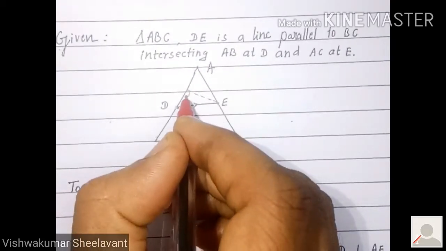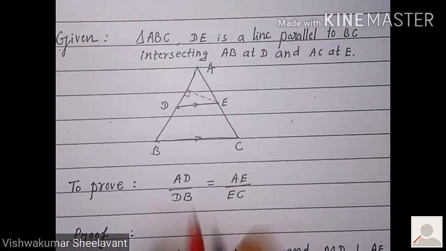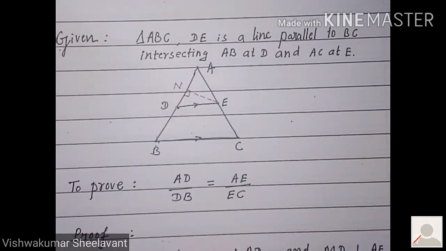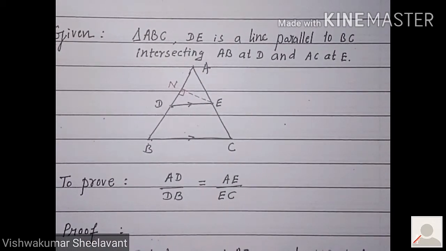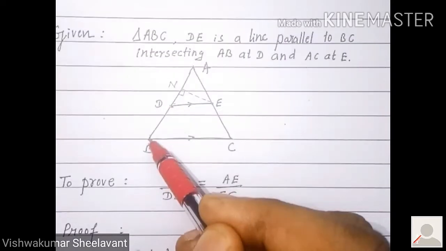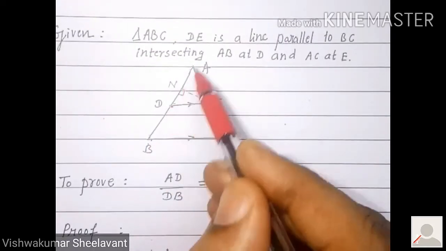It is perpendicular now. But what is AD? AD is part of AB.